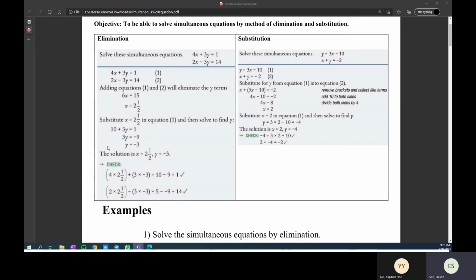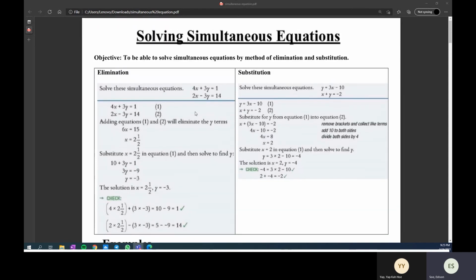You substitute the x value and the y value back into the original two equations. If the original equation stands, meaning if you sub 4x as 2.5 plus 3y as -3 and the equation gives you 1, that's how you know you have found the correct answers. It's pretty simple.